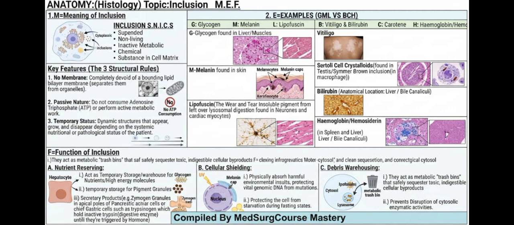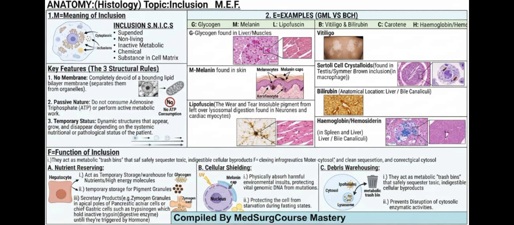B is for bilirubin, C is for carotene, and then H is for hemoglobin. Carotene is found in white skin, people with white skin.